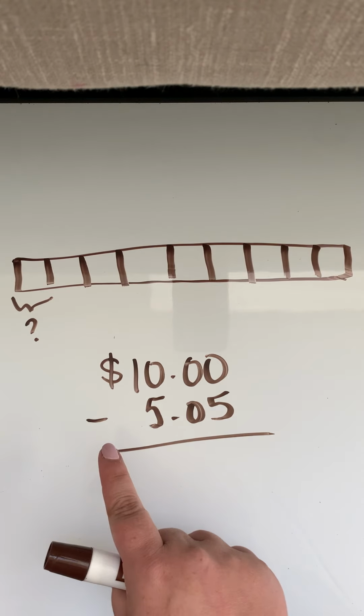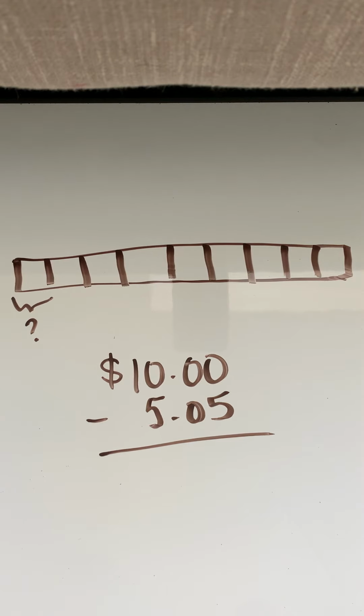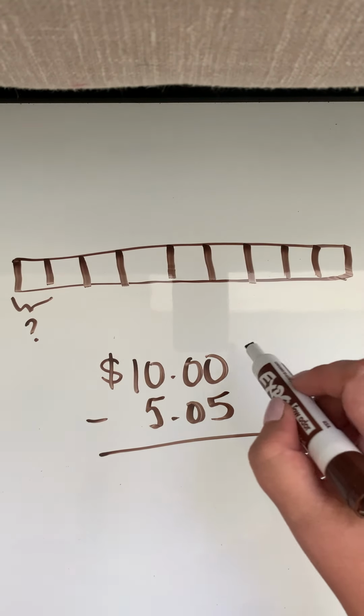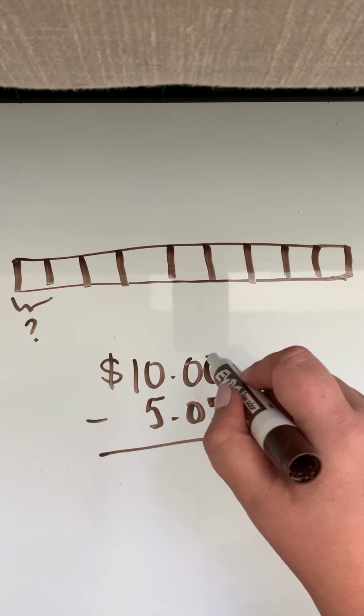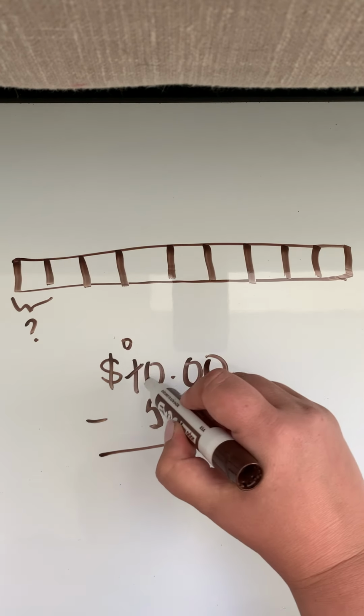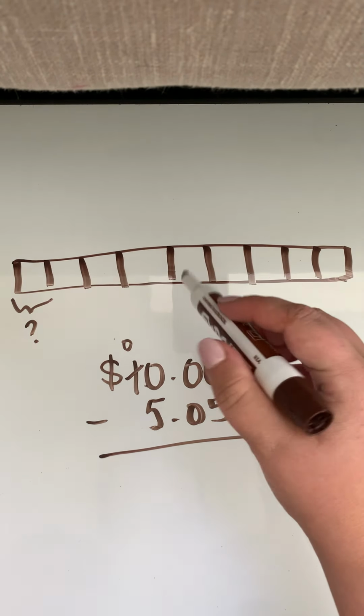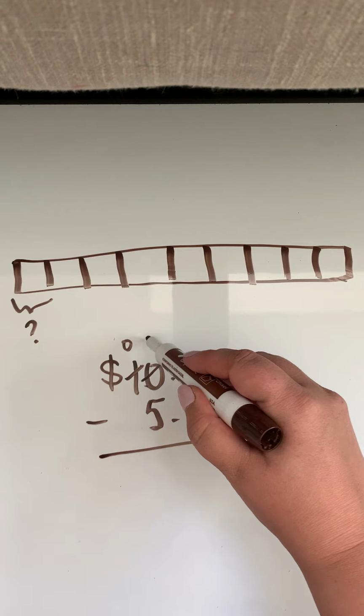So she gave $10. She got $5.05 back. So let's go ahead and subtract these. I can't do 0 minus 5. So I've got to keep going until I have something that I can borrow, which is here. Now I can't come all the way back over here. Remember that? So I'm going to go ahead and make this a 10.